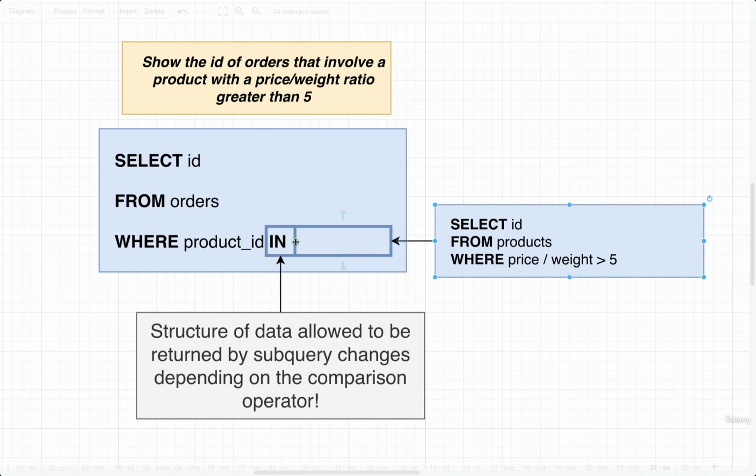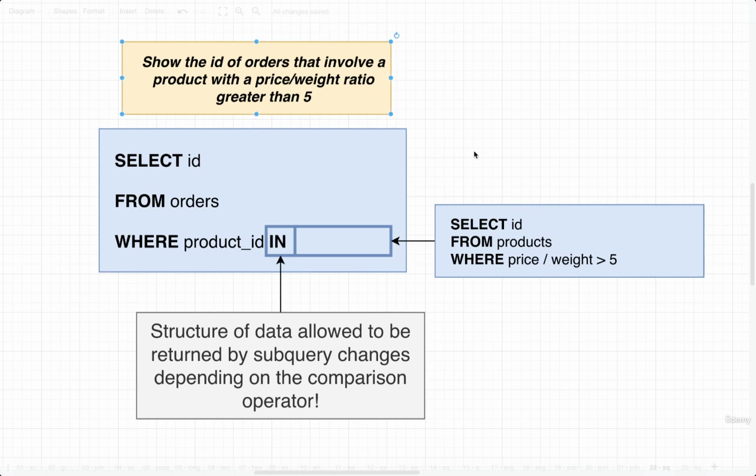In other cases, if we use a different operator, we might be allowed to write a subquery that's going to return a list or a single column of values. It all comes down to the operator that we are using. I'm going to show you a full list of different operators that we would use inside of a where clause and the different types of data that we are allowed to return from a subquery in just a moment. But for right now, let's just take a look at this first example.